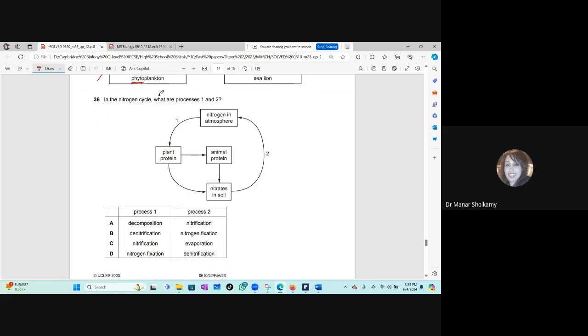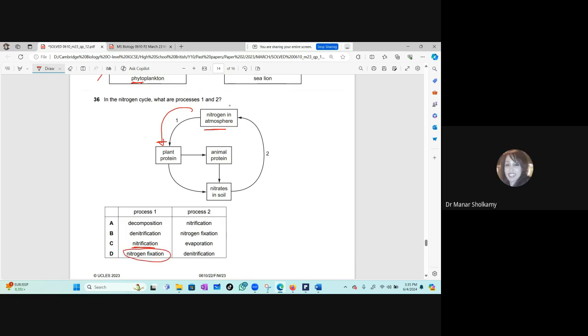36. In the nitrogen cycle, what are processes 1 and 2? Look at 1. Nitrogen is in the atmosphere and then it will be inside the plant. So what is 1? No, it's not nitrification. Nitrification is the conversion of ammonium compounds in the soil to nitrates.